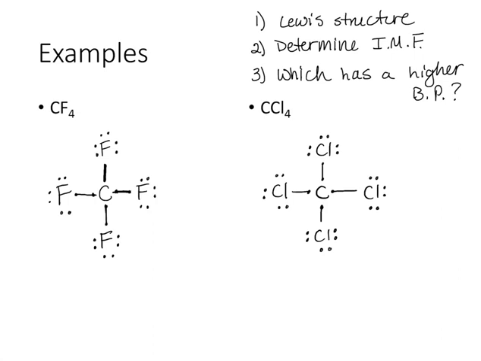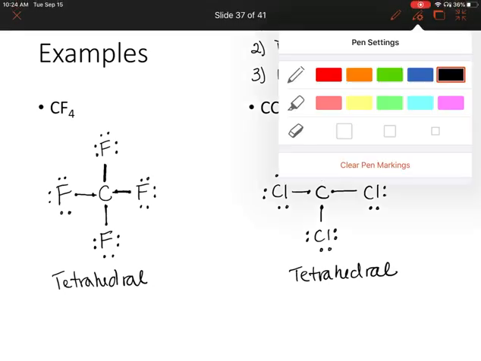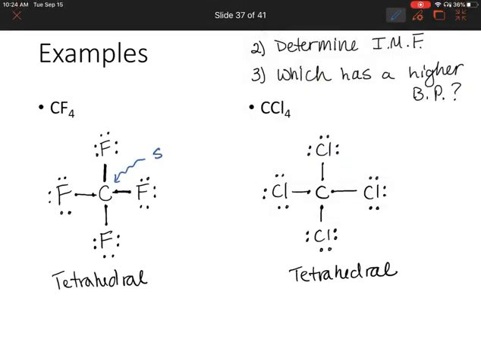Now let's figure out the geometry of each of these molecules. Are they linear, trigonal planar, tetrahedral, trigonal pyramidal, or bent? They're tetrahedral, right? So I'm just going to write that down below each. They're both tetrahedral. We also said that both central carbons are sp3 hybridized.